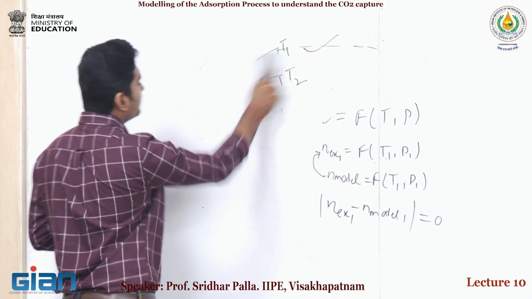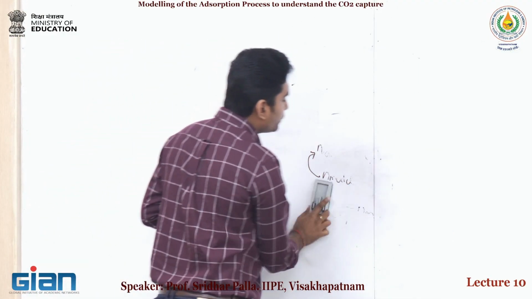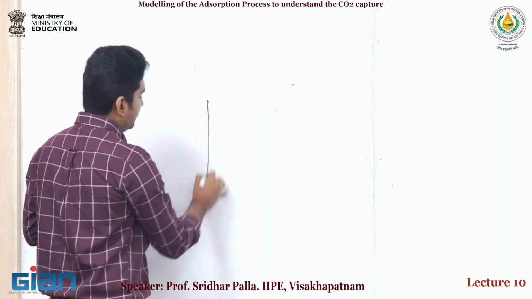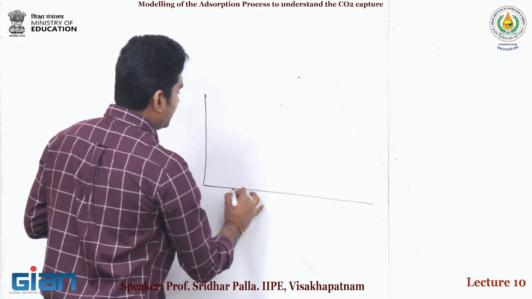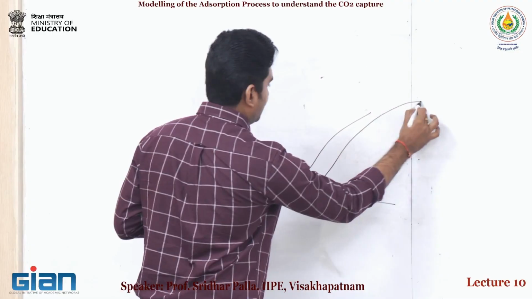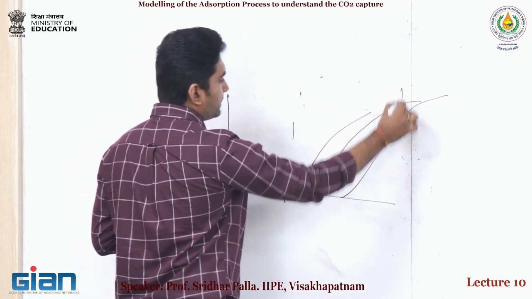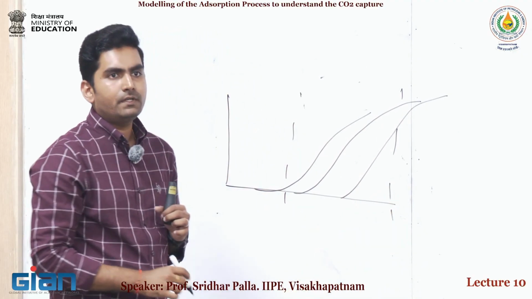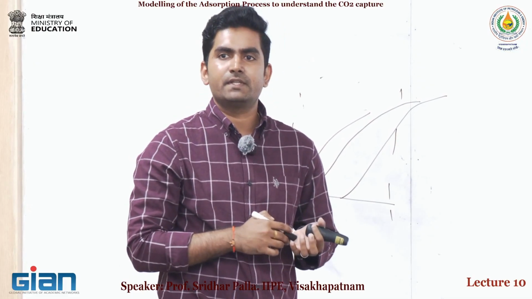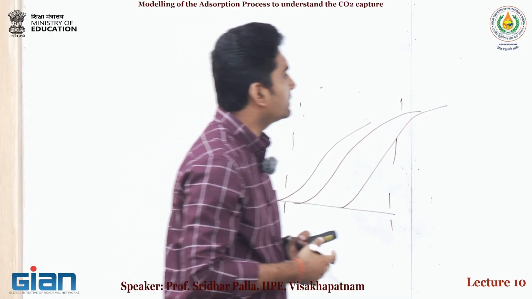If you remember the breakthrough curves, after some point CO2 was observed at the other end, slowly it will start. So, this mass transfer zone also depends on the gas solid equilibrium, on how much affinity is present between the adsorbate and the adsorbent particles.